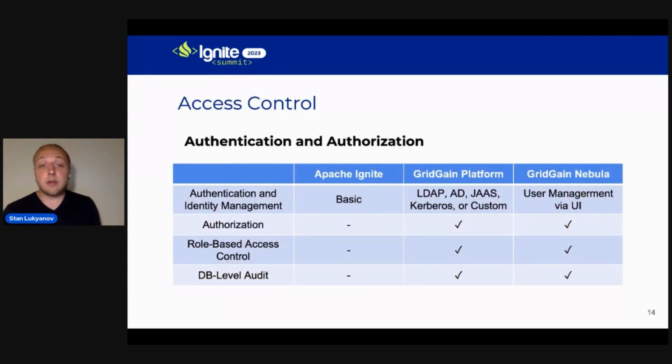And the last but not least piece of our secure Apache Ignite setup is access control, which is what most people would think about when talking about database security. It's authentication and authorization. Here we have a lot of variety between different editions of Apache Ignite. So Ignite itself comes with authentication available out of the box.